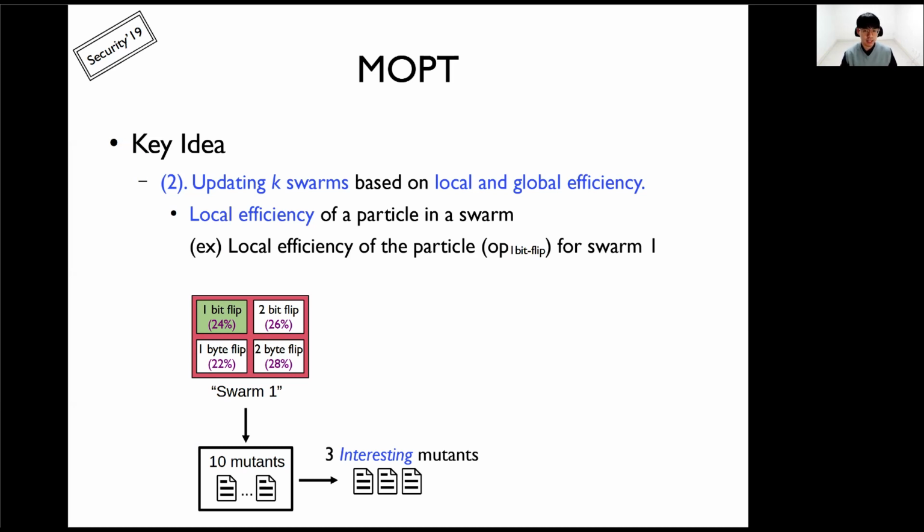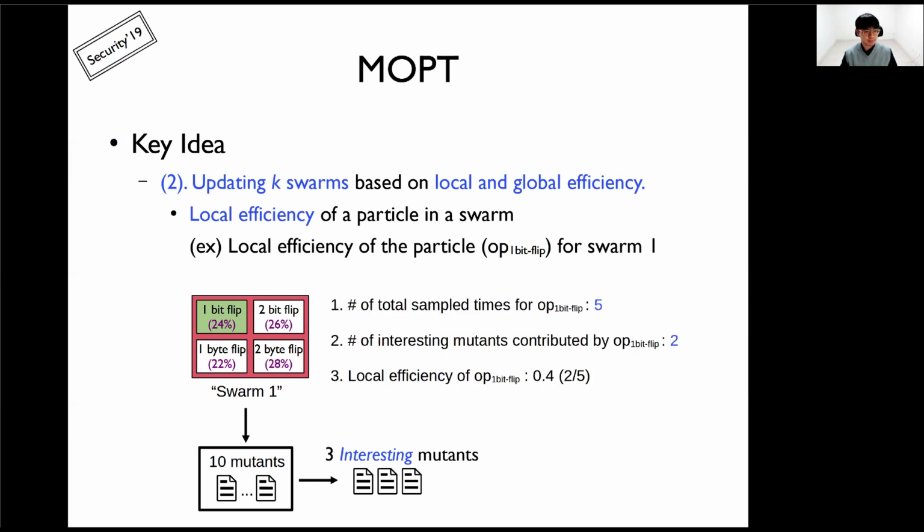And for simplicity, let's assume that it generates 10 mutants in total from the first swarms. And among them, there are 3 interesting mutants. In this situation, additionally, we assume that the 1-bit flip operator is sampled 5 times from the first swarm.